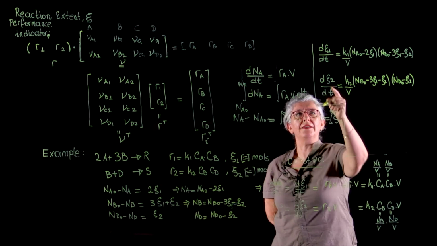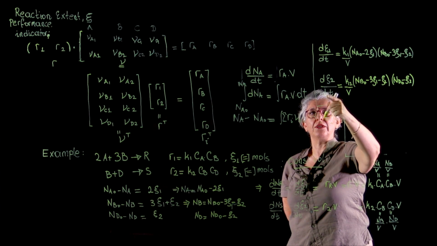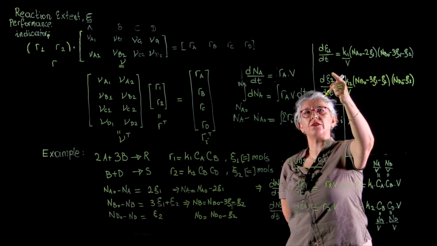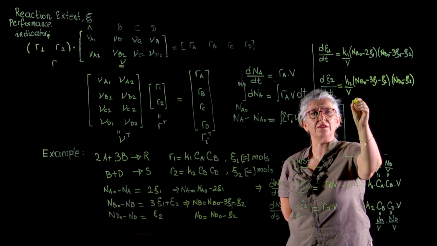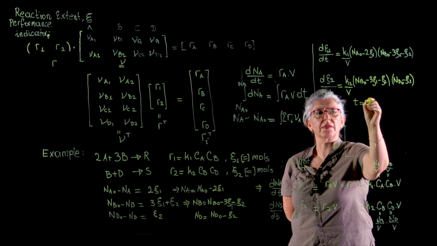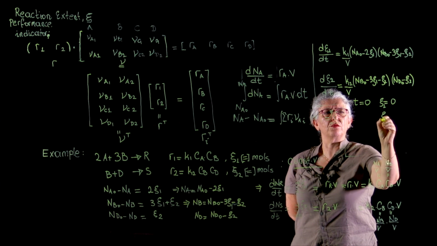So I have two coupled ordinary differential equations to solve with the initial conditions. At time t equal to 0, psi 1 is equal to 0, psi 2 is equal to 0.